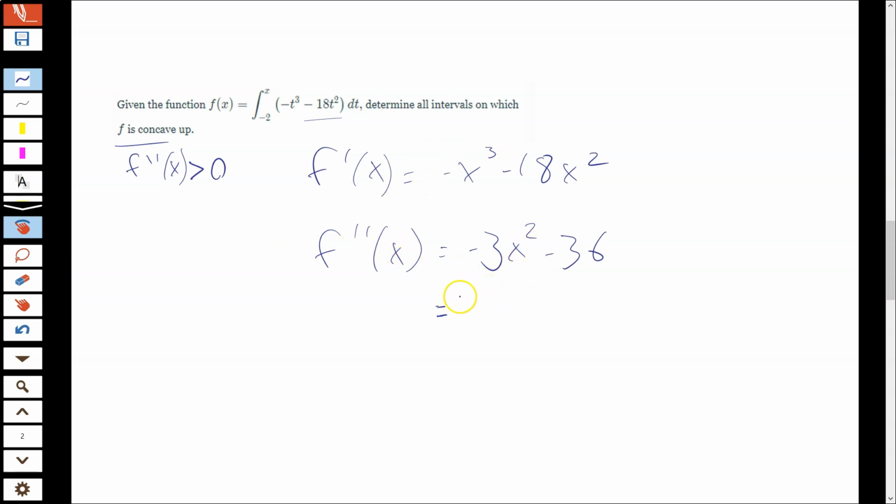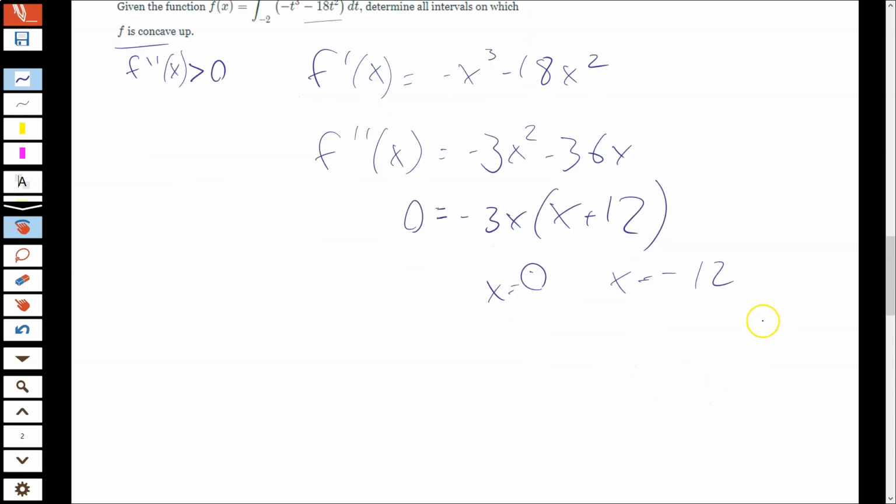So we are going to set this equal to 0, find our critical points, and then make a sign chart. So I'm going to factor this. Oh, I'm going to drop my x here. Okay, so easy enough to factor. My critical points are x equals 0, x equals negative 12. My sign chart, we're going to go from negative 12 first to 0.